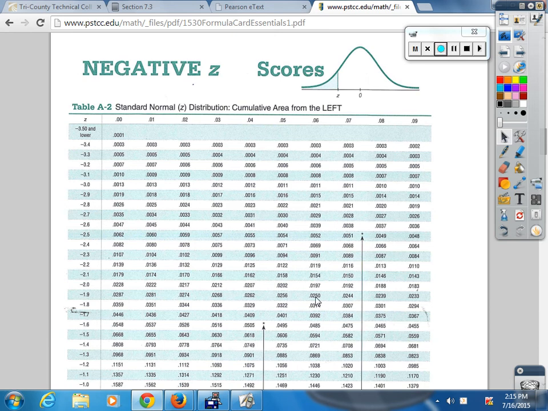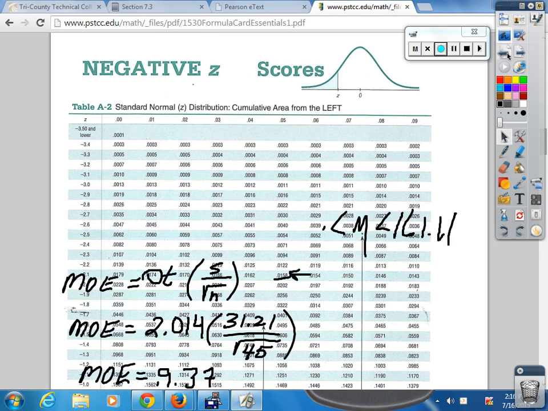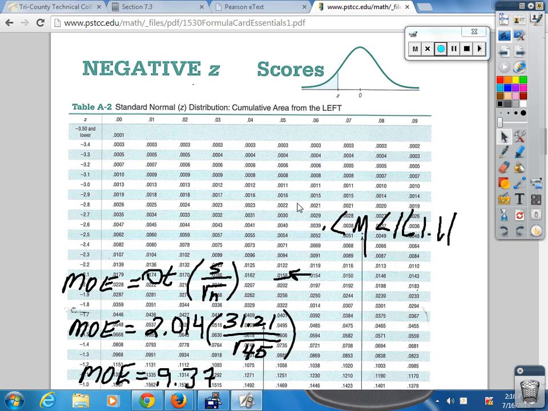There it is. Negative 1.96. So that's 1.96. Somebody take 1.96 and use that, instead of the 2.01, and see what that gives you.